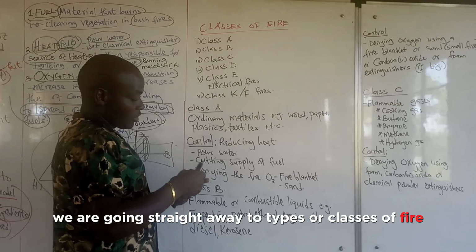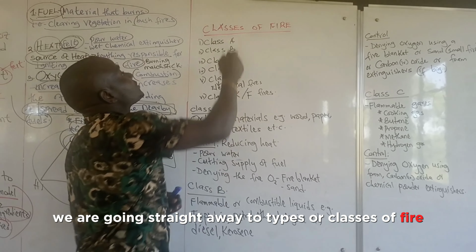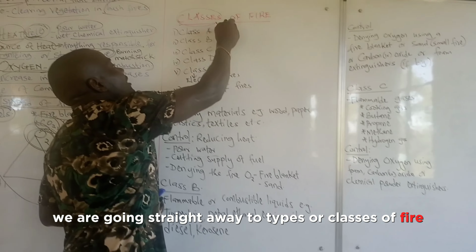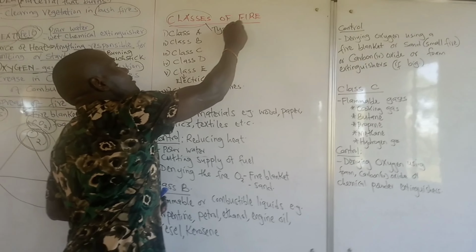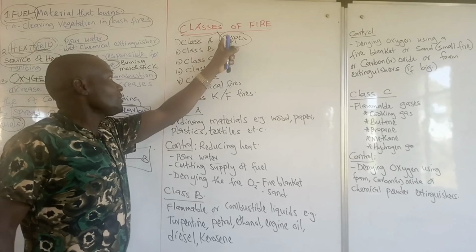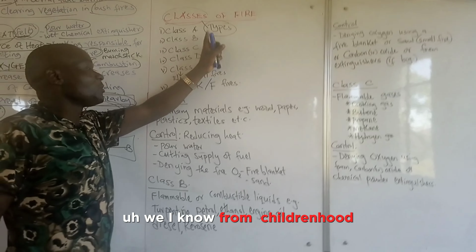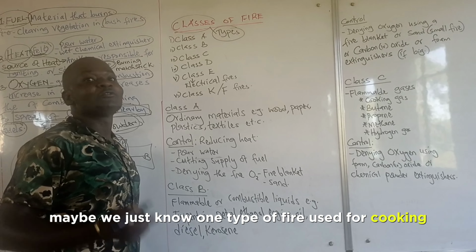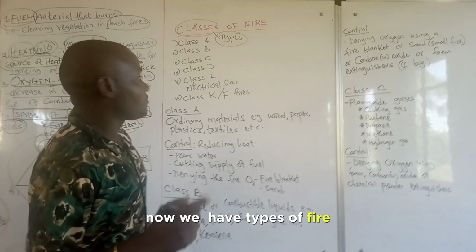So next, we are going straight away to types or classes of fire. Now this one may be new to some of us. I know from childhood, maybe we just know one type of fire used for cooking. Now you have types of fire.